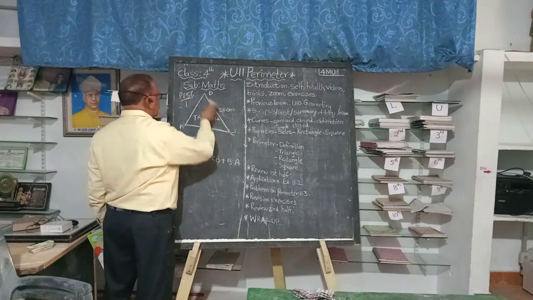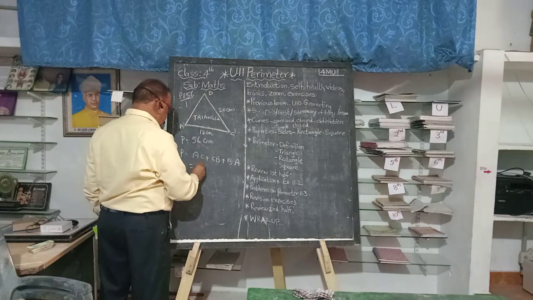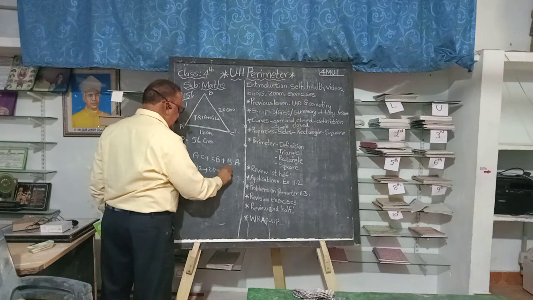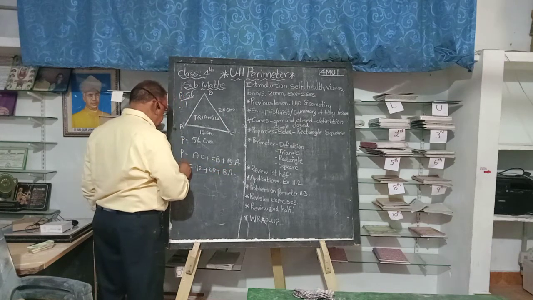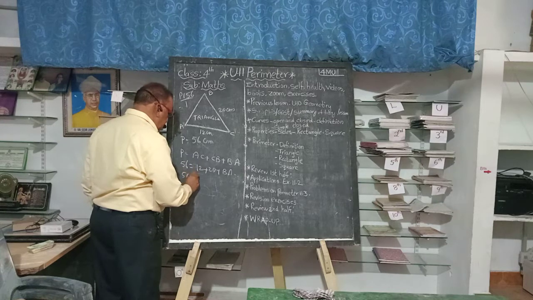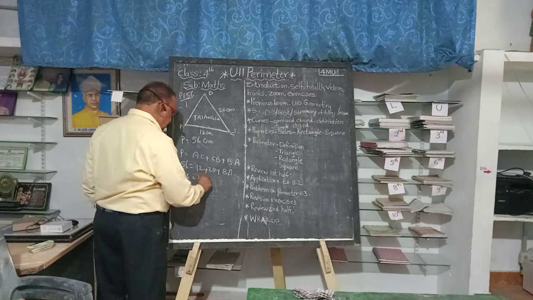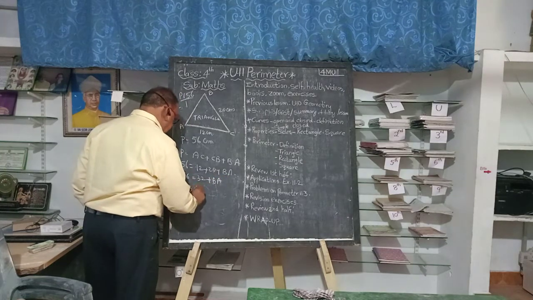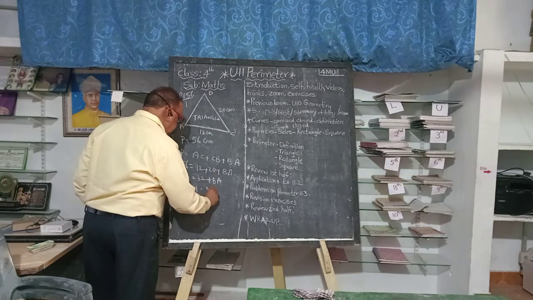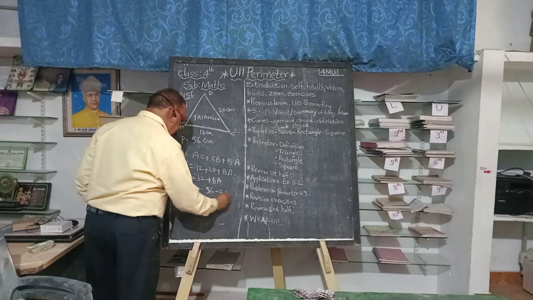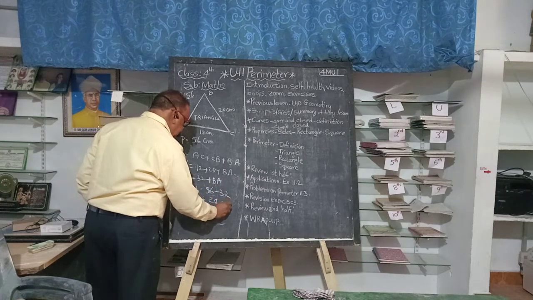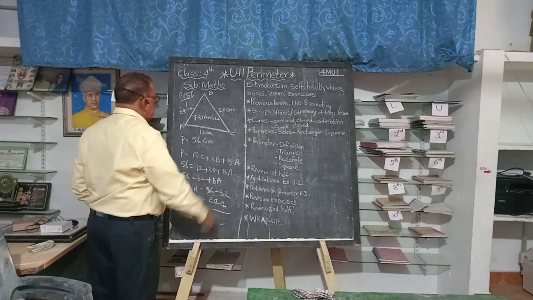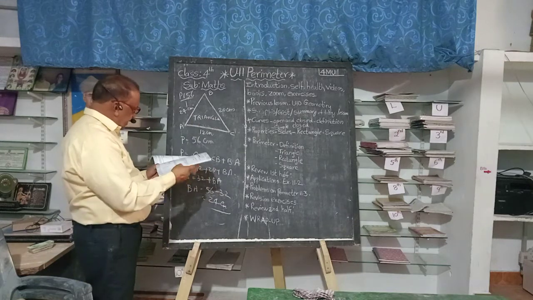AC is 12, CB is 20, BA is not known. But this is equal to 56. So 56 is equal to 12 plus 20, 32, plus BA. Therefore, the side BA is equal to 56 minus 32, that is equal to 24 centimeters. You see that? This one is 24 centimeters. That's how you calculate that.